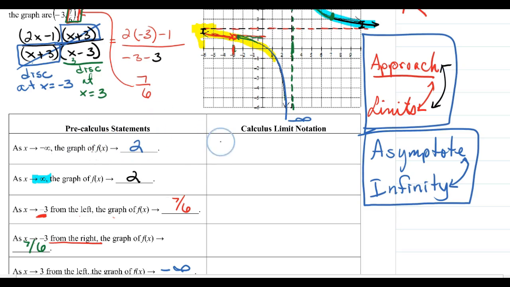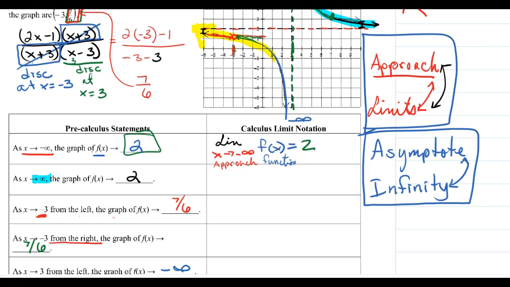So our shorthand is we write the limit as x approaches -infinity of my function equals whatever that y value is. And this is my y value here, so this equals 2. This is my approach. This is my function.